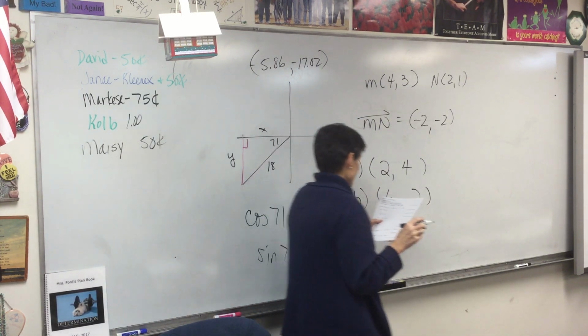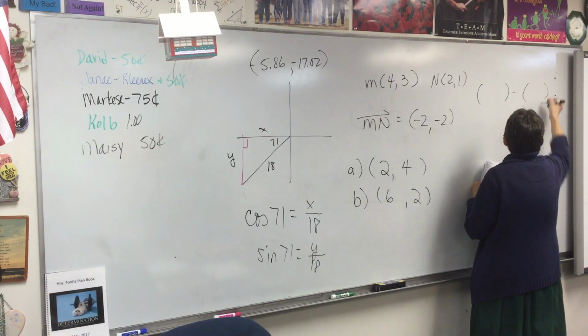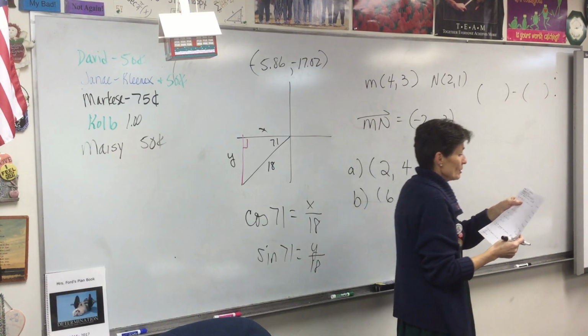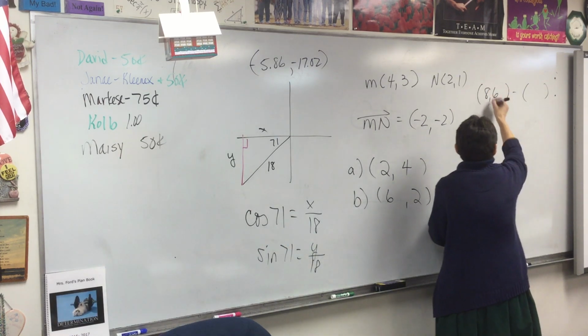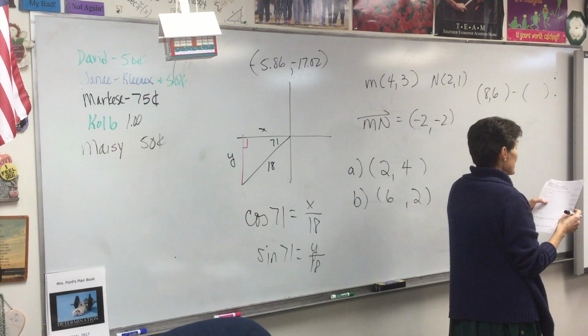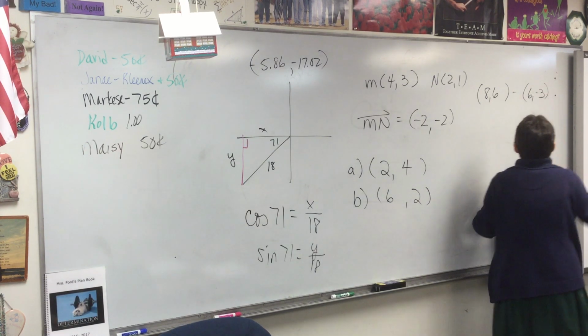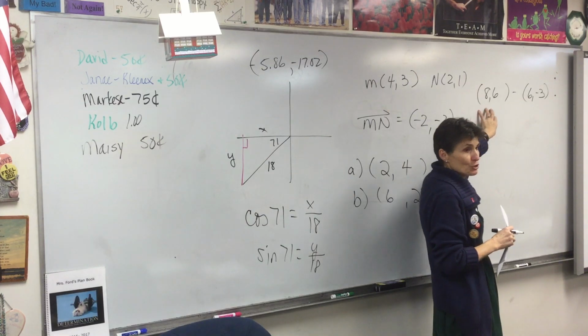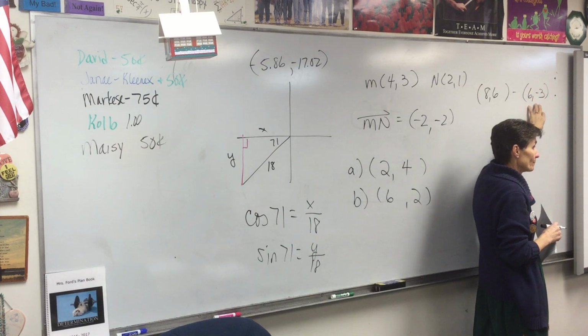Oh, see now, these are the ones where you have to do a little more work. What would 2v be? 8, 6. What would 3u be? 6, negative 3. So we're subtracting 2v minus 3u.